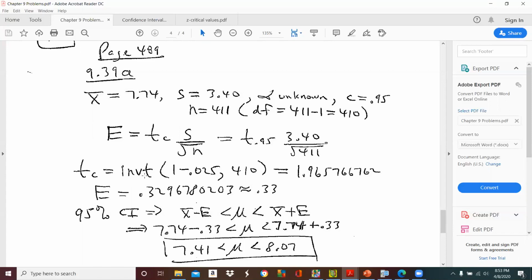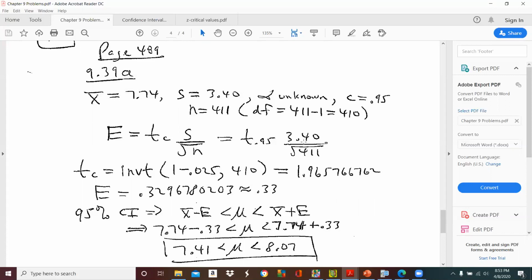For those with the 84 calculators, you're going to go to inverse T. What are you going to put inside for the area to the left? 1 minus 0.025, because the area in the middle is 0.95, and the area to the right must be 0.025. So the area to the left of the critical value is 1 minus 0.025. The degrees of freedom is 410. You end up with this as your T critical value.